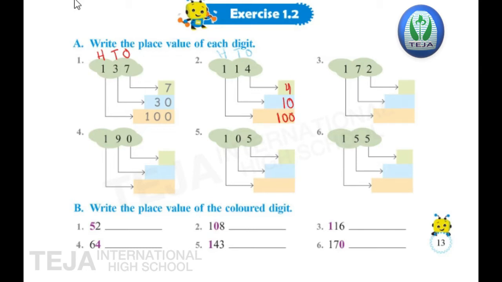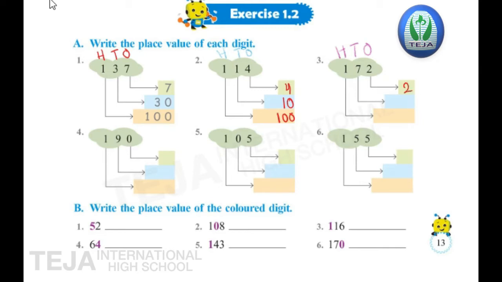Okay, children. Now next, third question. Here, first we'll write the place values. 172. Here 2 is in ones place, 7 is in tens place and 1 is in hundreds place. So what is the value, children, now? As 2 is in ones place, there is no change.